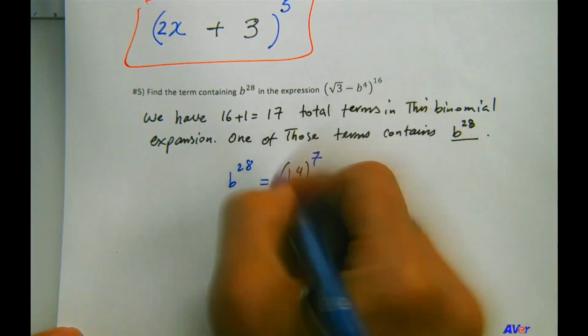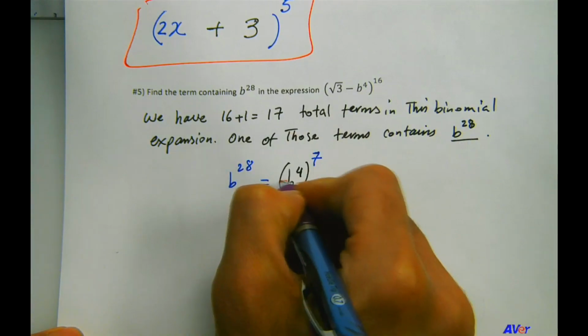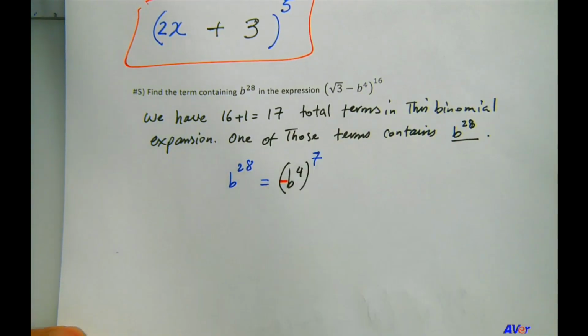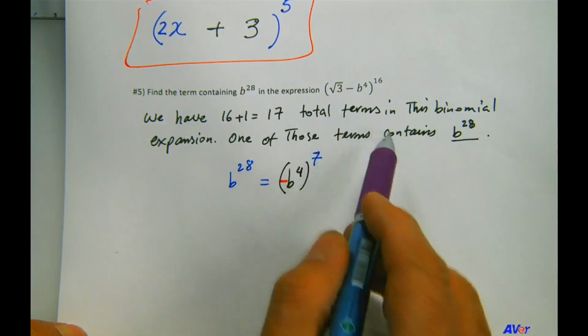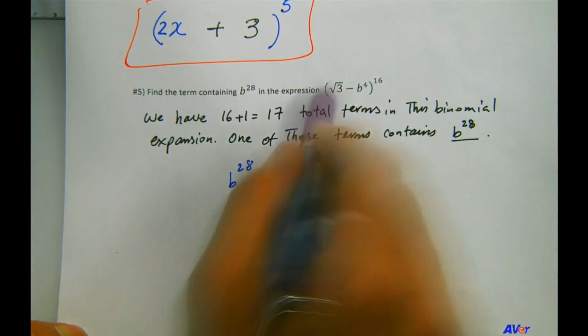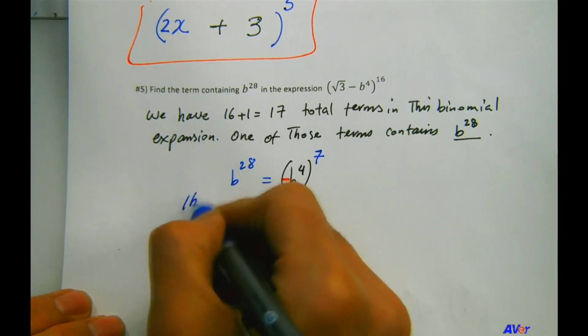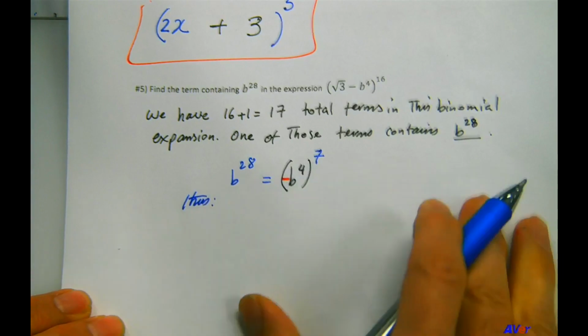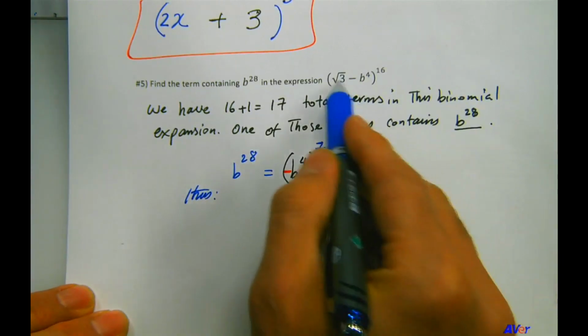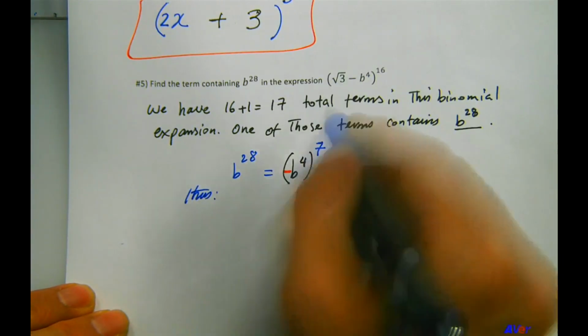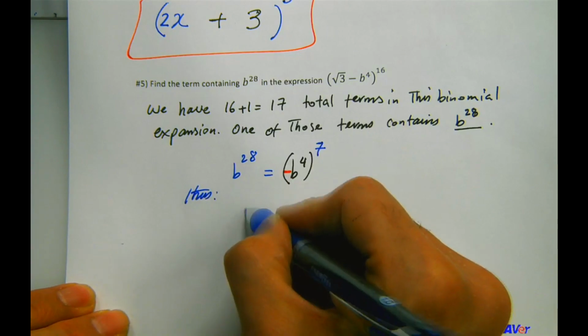So this is minus b to the 4th to the 7th power. Thus, that square root of 3 should have what power?